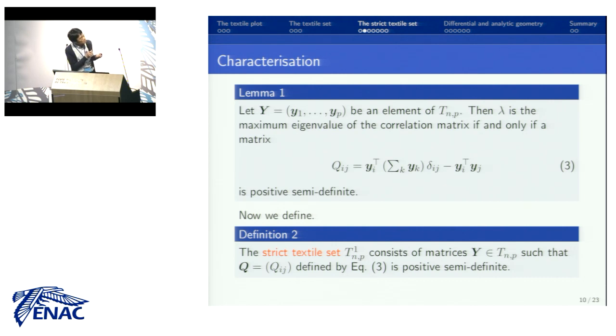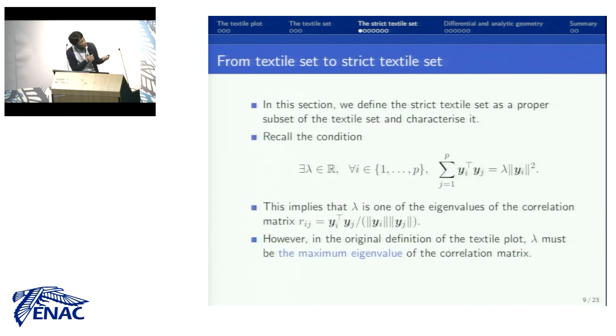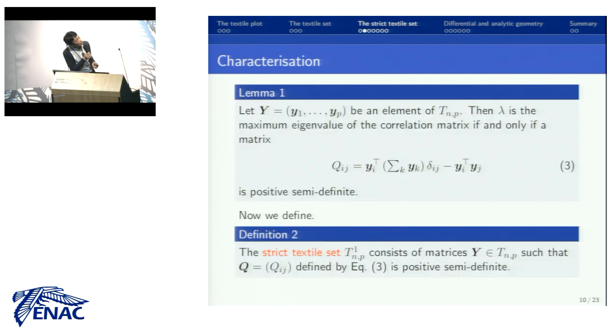And at this time, if y is an element of the textile set, then lambda in the previous slide is the maximum. So lambda is the maximum eigenvalue of the correlation matrix if and only if this matrix Q is positive semi-definite.